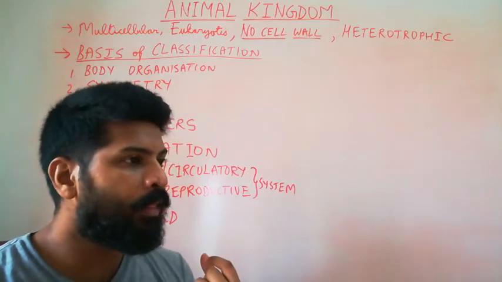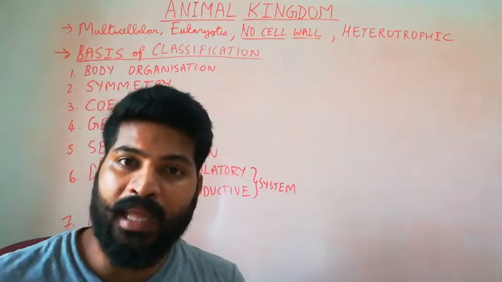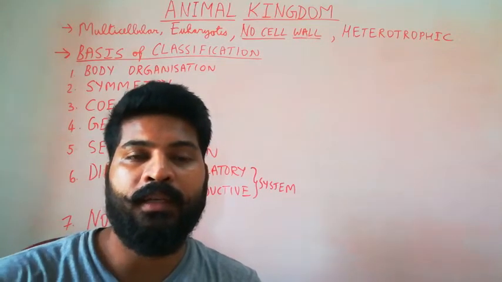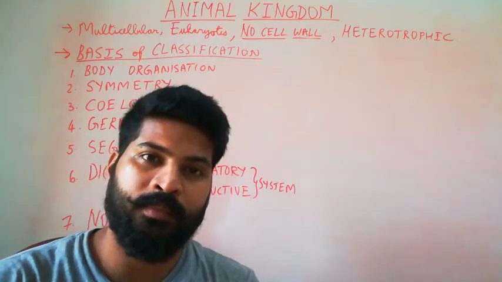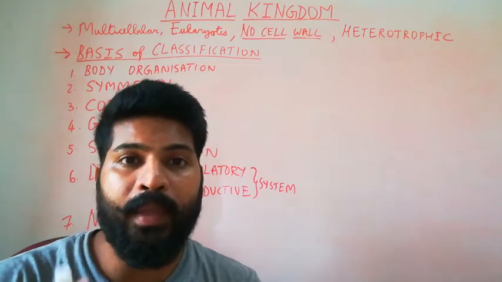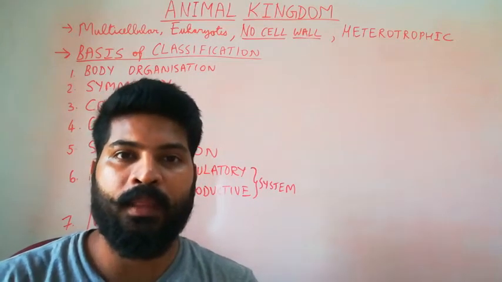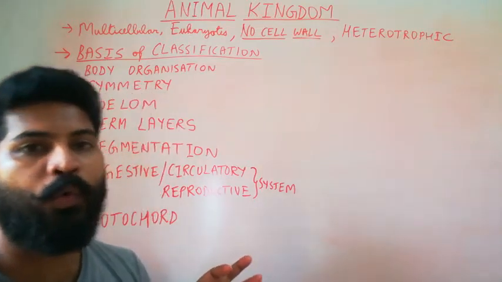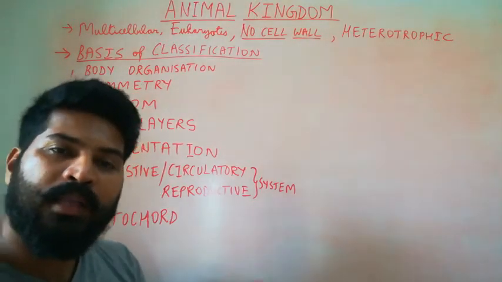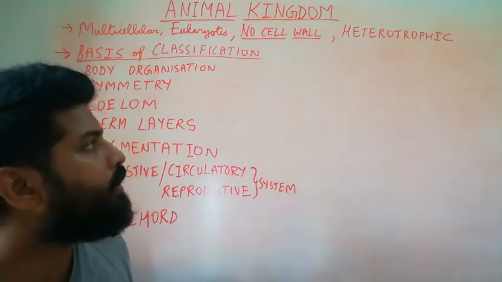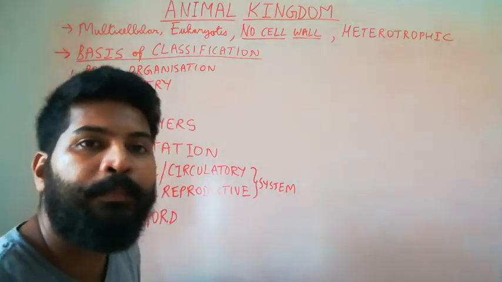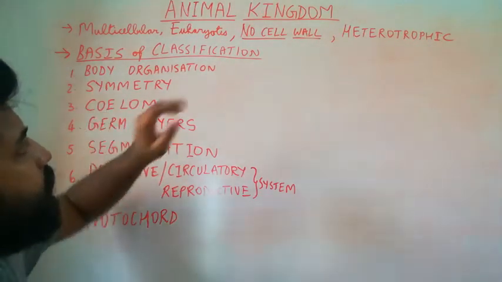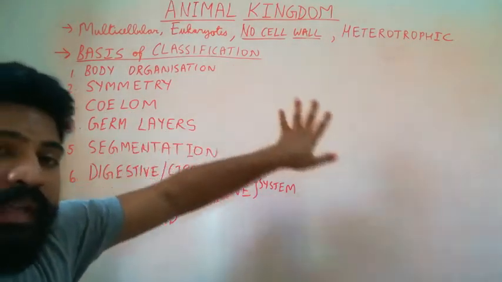Even though there are different types of animals, all these animals, they have certain common thread. They exhibit certain basic patterns in their body structure, and that is how animals are classified based on these basic body patterns. Let us now discuss the basis for classification of animals.